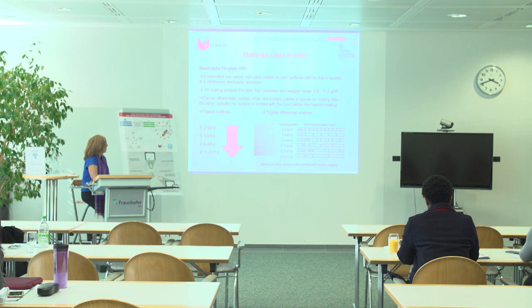And the tin coating weights, that means the amount of tin that we apply, ranges between 2.8 and 11.2 grams per square meter.